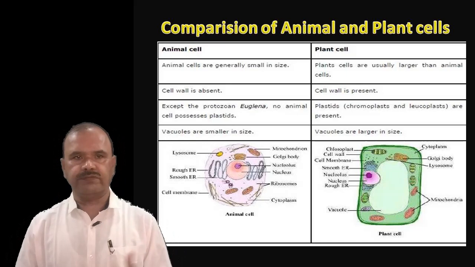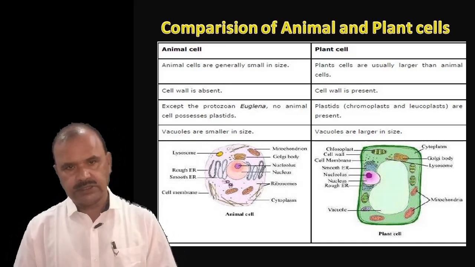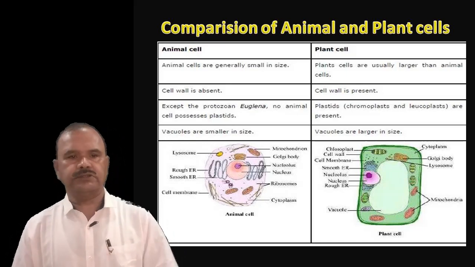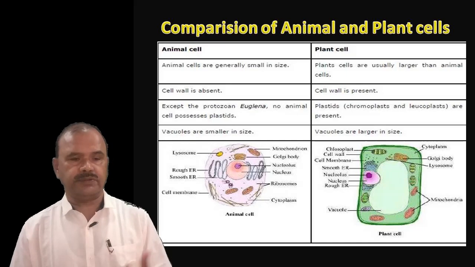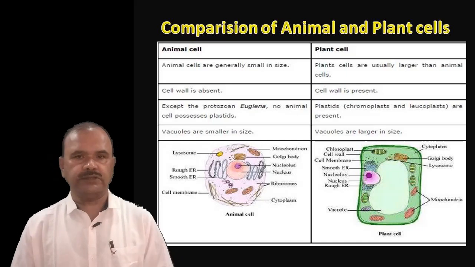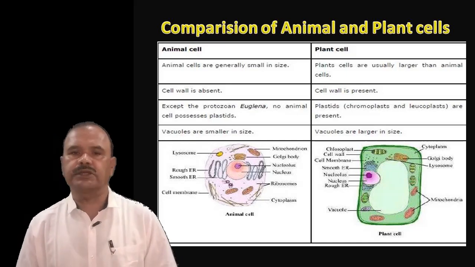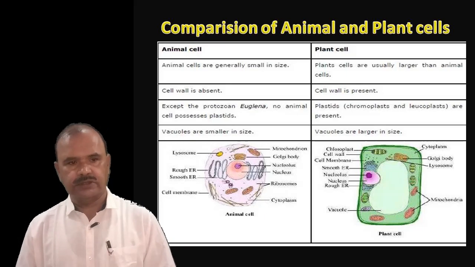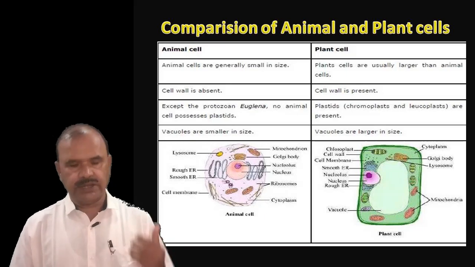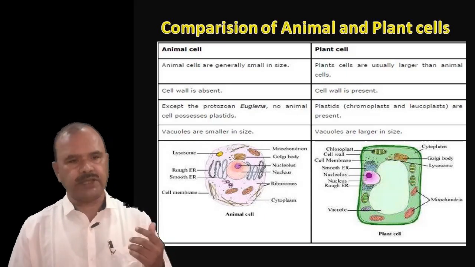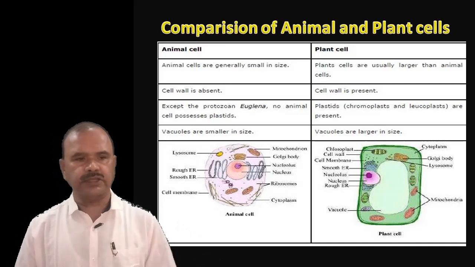In plant cells we find that green colored smaller cell organelles are present throughout the cytoplasm, while they are not visible in animal cells. So in plant cells plastids are present, while in animal cells they are absent.